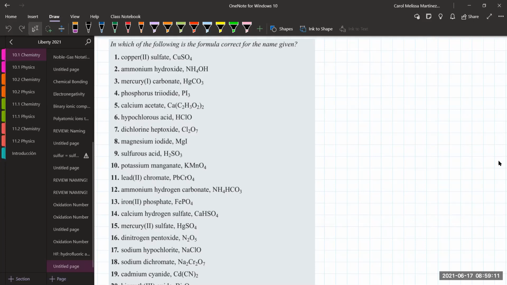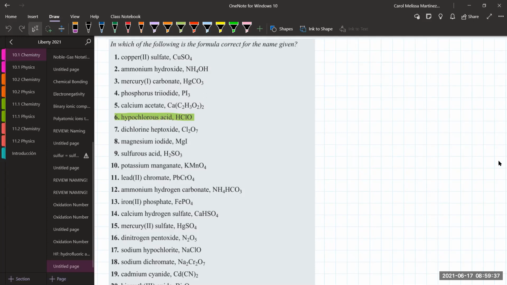We're gonna focus only on the acids. As you can see, the first acid that appears in this activity is the number 6, which says hypochlorous acid and is giving us a formula. We need to indicate if it is correct or not.